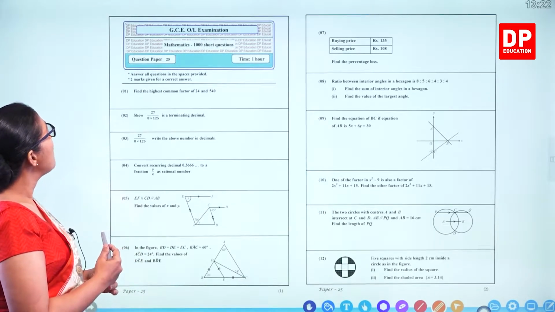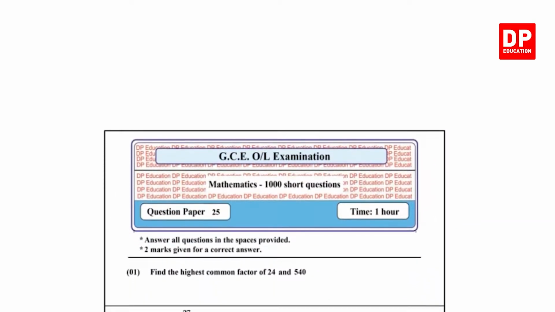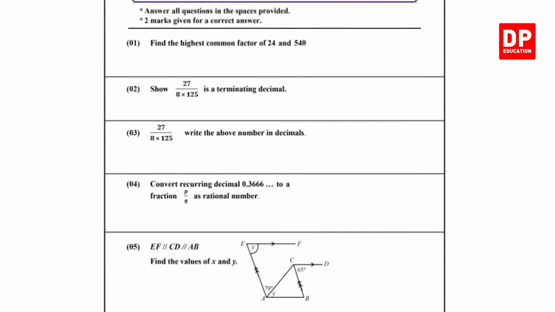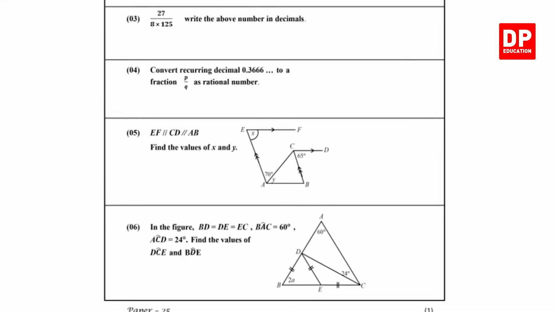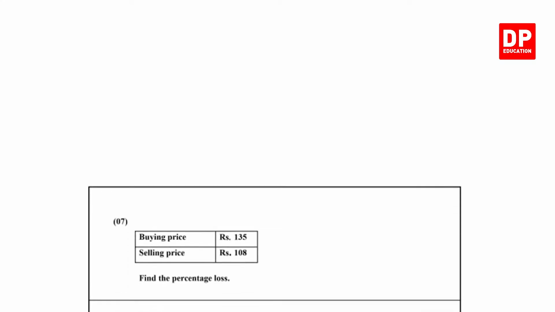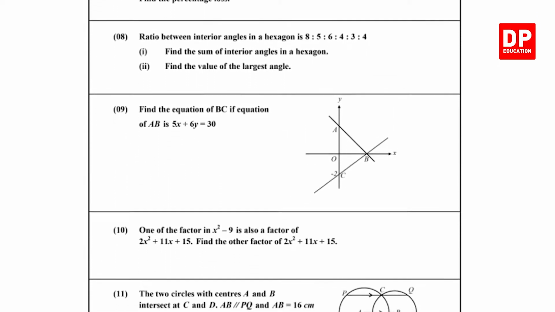In this paper, the first page has questions 1 to 6. The second page has 7 to 12.